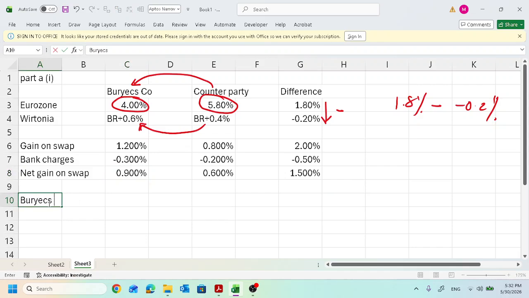B company makes a saving on its annual interest amounting to 0.9 percentage. The counterparty will get 0.6 percentage. Okay. At the end, I will show you how this is going to be realized.